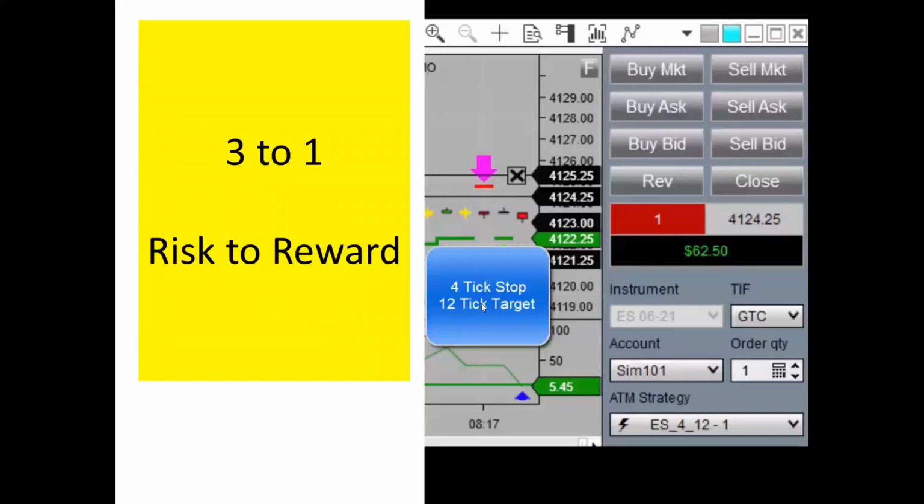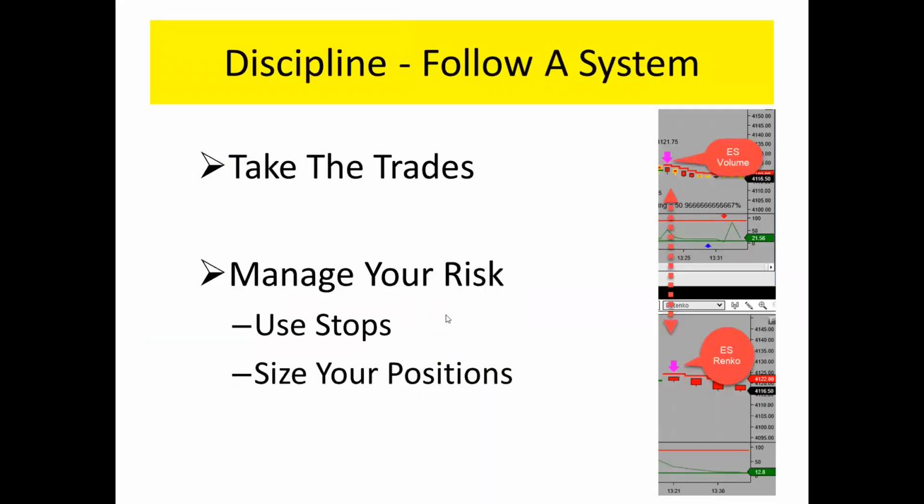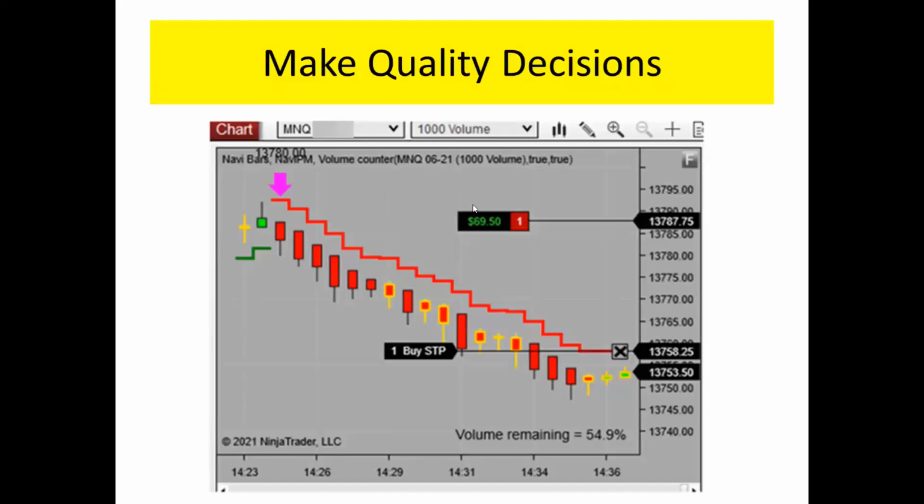For example, on E-mini, that would be a 4-tick stop, 12-tick target. So again, you need to have the discipline to follow these signals, manage your risk. The reason that risk management is important is because no matter how good your signals are, nothing works 100% of the time. You just need to cut any losses quickly.